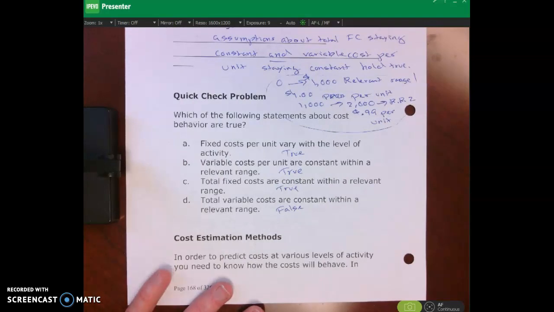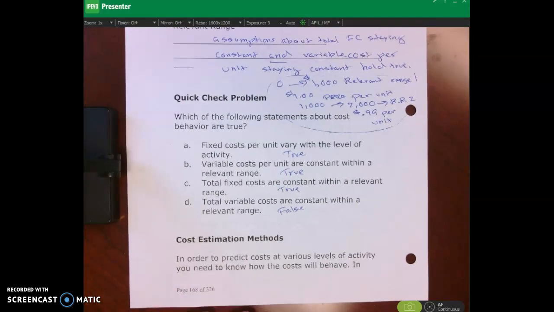Okay. So when we talk about cost estimation methods, what we're saying is that in order to predict costs at different levels of activity, we have to know about cost behaviors. And we know about that. We know how variable costs behave, how fixed costs behave, and also we can parse a mixed cost into its variable and fixed components.